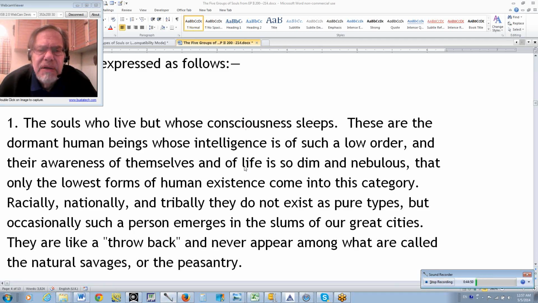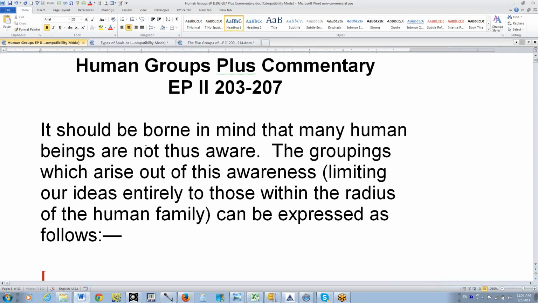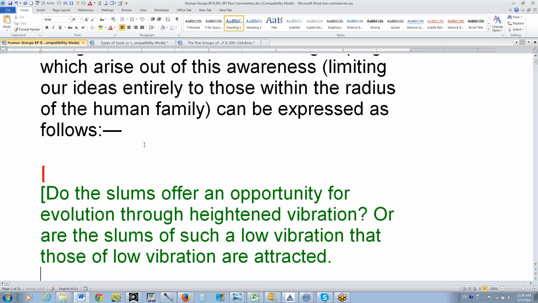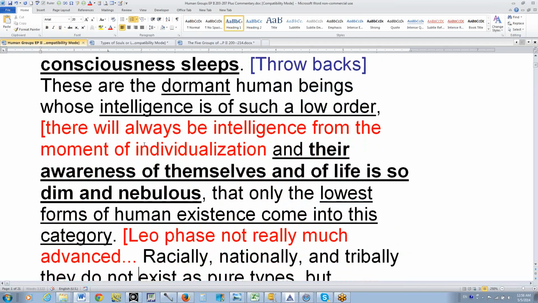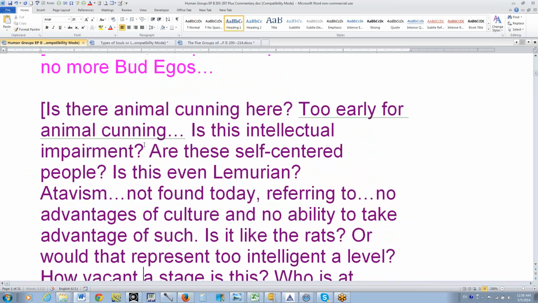Let me first read this so we get the sense of it, and then in the next program I will develop these ideas, because I think I have something here. Yes, I have the development of these ideas, and I want to expand upon them.